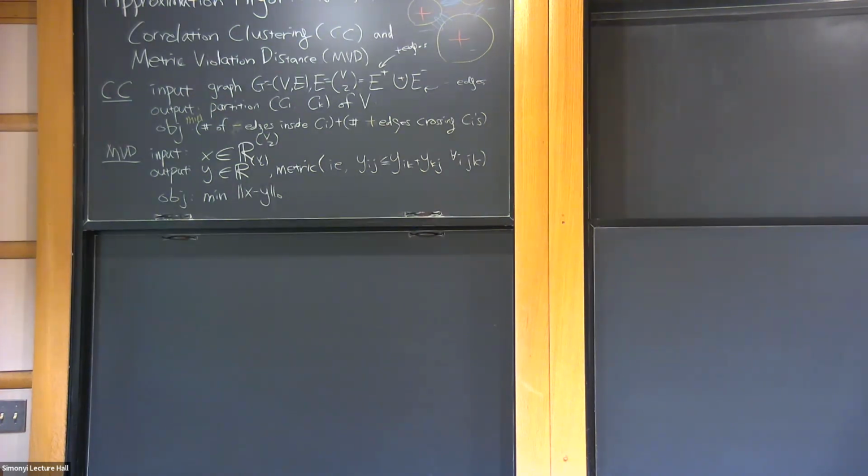Yes, you allow two different things to have distance 0. The distance is 0 only if they lie in the same cluster. Exactly. Distance 0 means they are basically at the same point, and 1 otherwise. So one way to view CC as an MBD is that you are trying to fit your distance data into this 0-1 metric, where even your distance is 0-1.